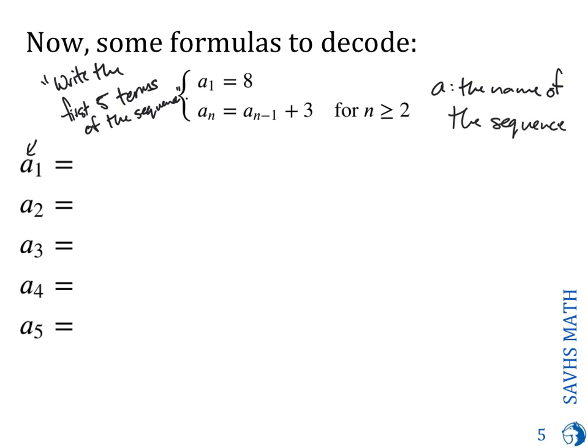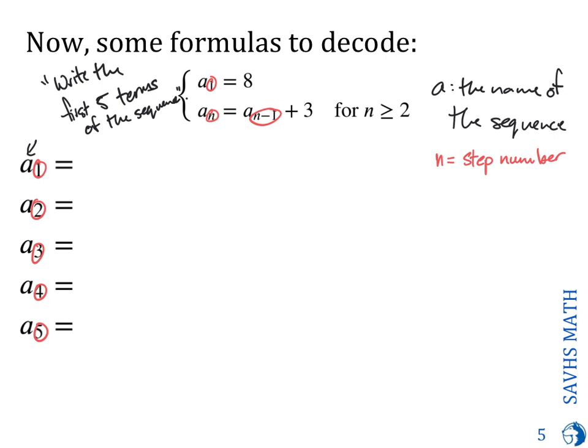The little numbers next to the A are those step numbers. So we can say n is the step number. If I'm looking for A3, that is the third term in the sequence called A.